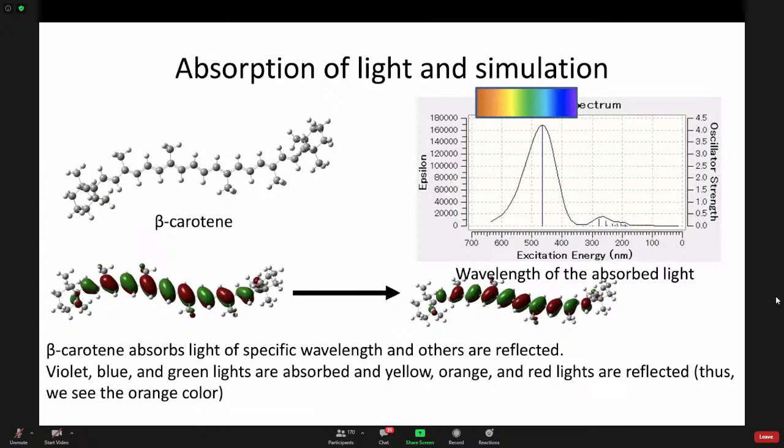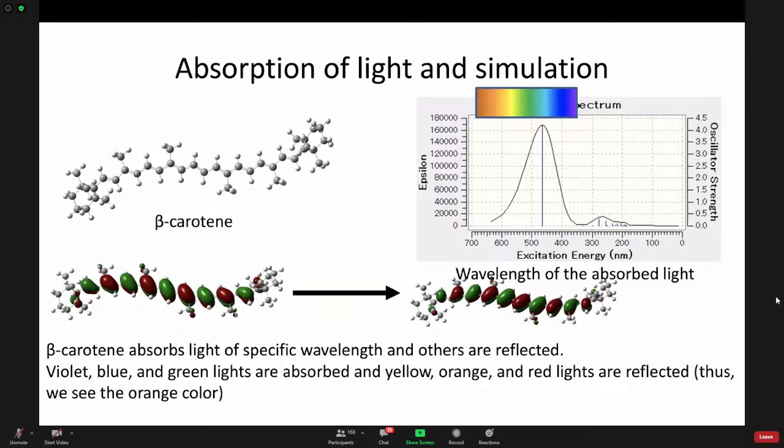So if you consider this beta carotene, I think most of you are familiar with, it's a color of orange. It's in pumpkins. So why it's orange is because it reflects the orange and yellow while it absorbs this blue region. So that's why you can see it as orange.